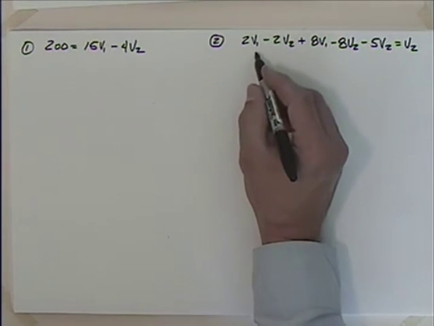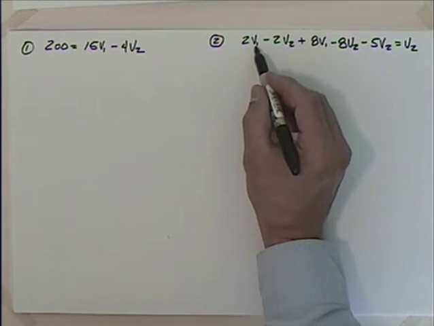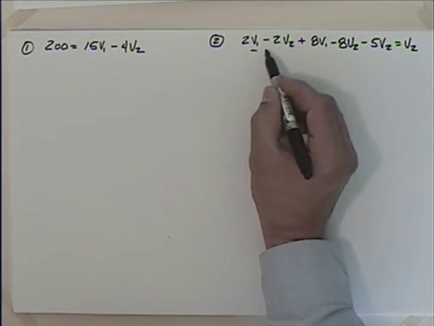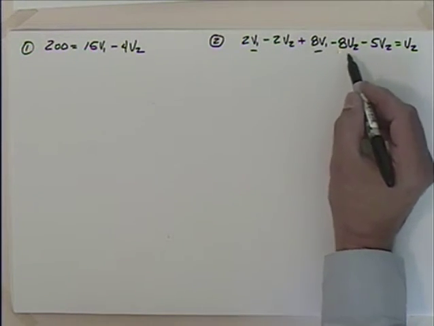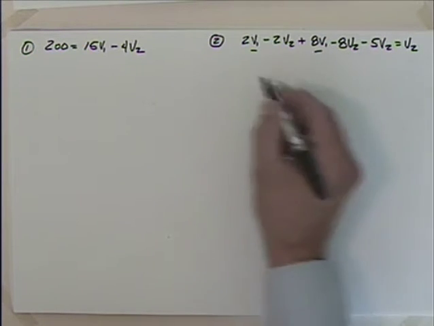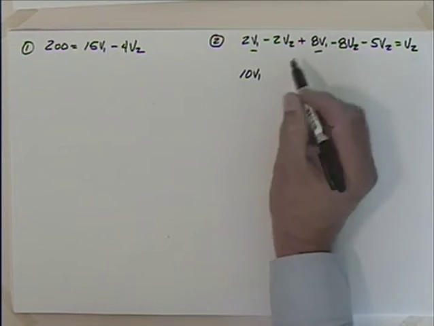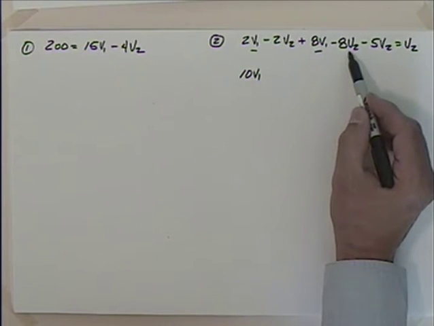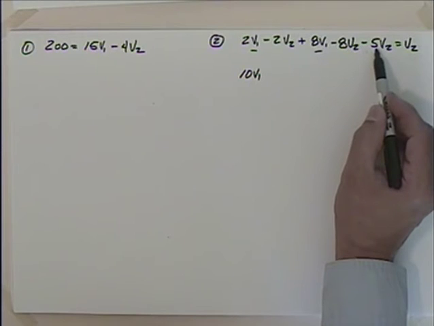So tidy this one up. What do we have over here? I've got 2v1. 2 more is 10. So I have 10 v1. And then what do I have for v2? Minus 2 of them. Minus 8, which is minus 10. Minus 5 is minus 15.